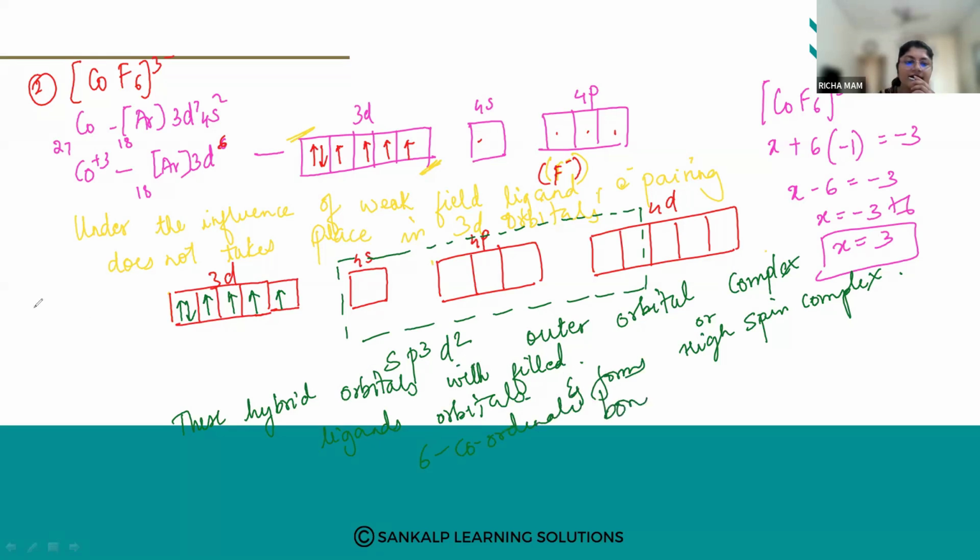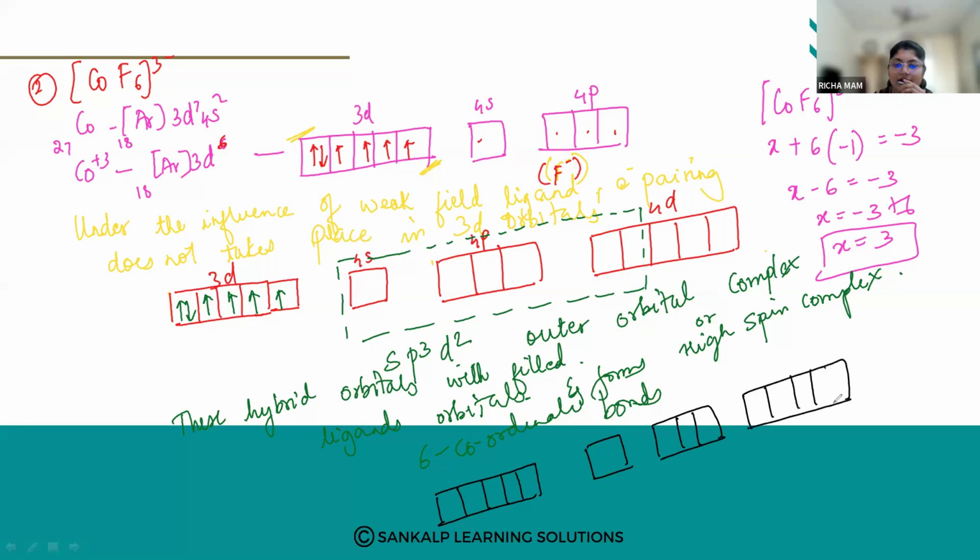So here, let us write that now. First is your 1, 2, 3, 4, 5. Then your 4S, 4P, and this is your 1, 2, 3, 4, 5. So this is your 3D, 4S, 4P, and 4D. So 1, 2, 3, 4, 5, 6.